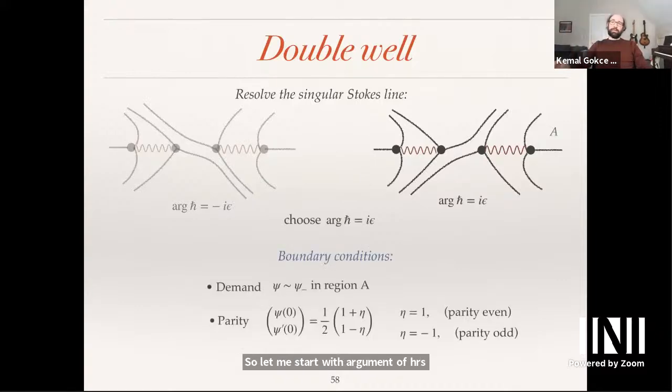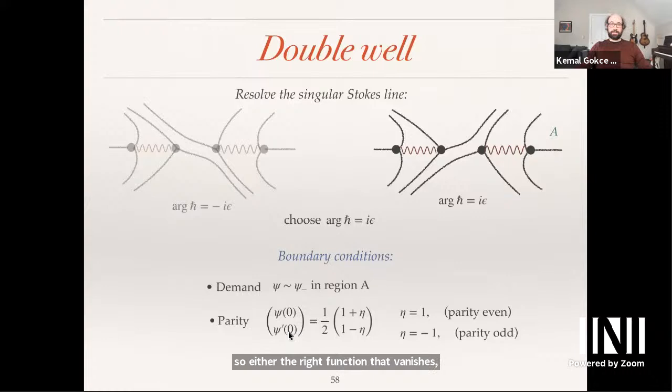Now I demand two things. I demand again that my wave function is nice and civilized in this region, so it exponentially decays. It's normalizable in region A. And the other condition that I will demand is parity. So either the wave function vanishes, or the derivative of the wave function vanishes at 0.